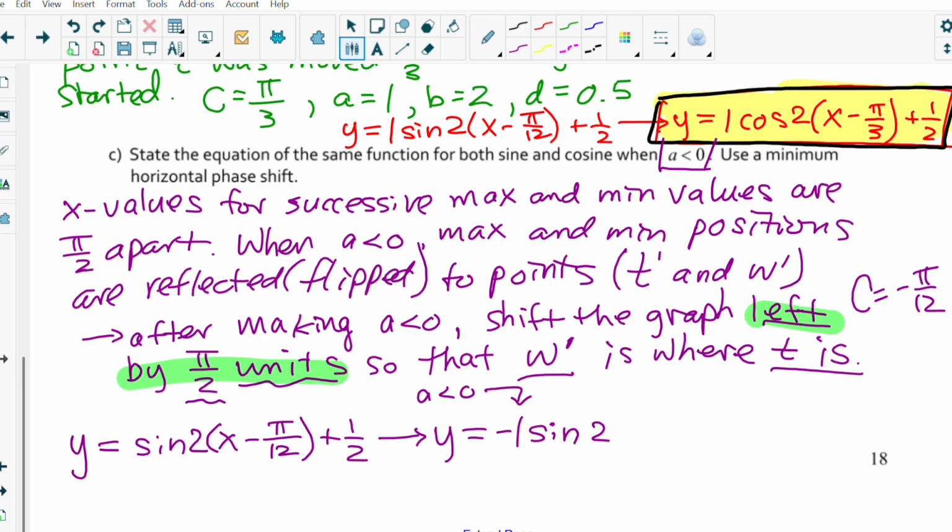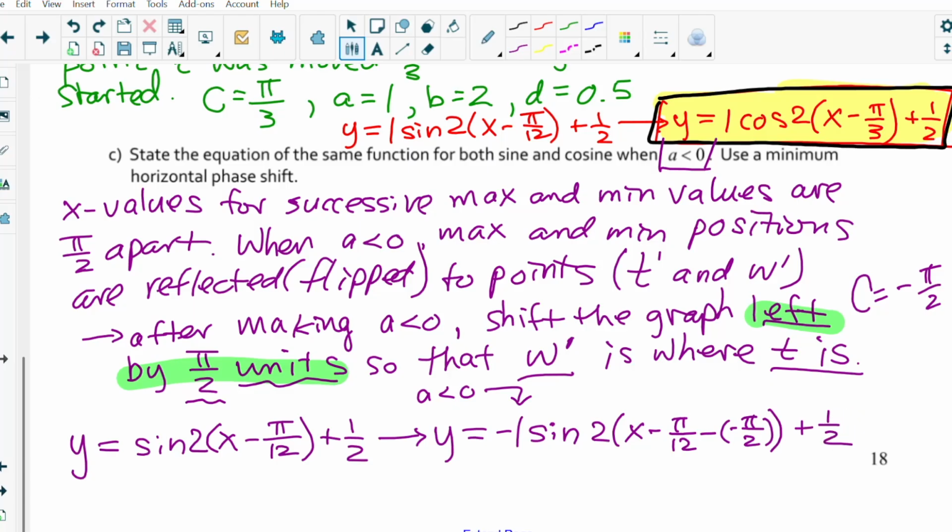So all my other values are the same. I'm just doing a horizontal phase shift. So that's x minus pi over 12 minus, right, negative pi over, oh my goodness. The c value, folks, it's negative pi over 2.